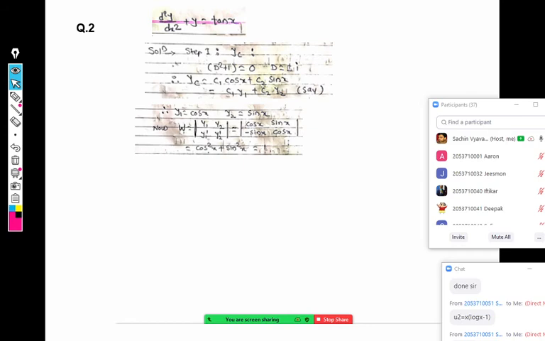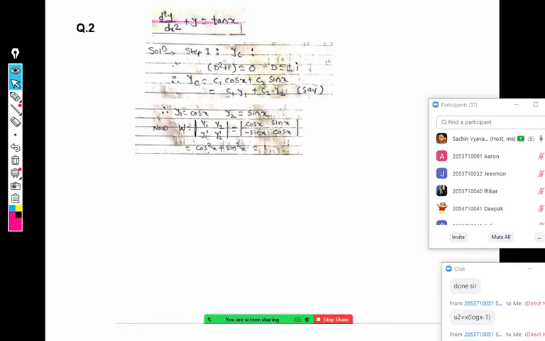Anyone able to do u1? Still trying. Okay, no issue.